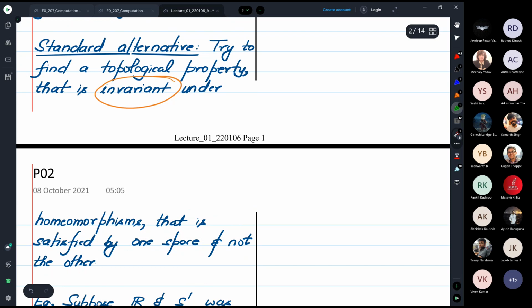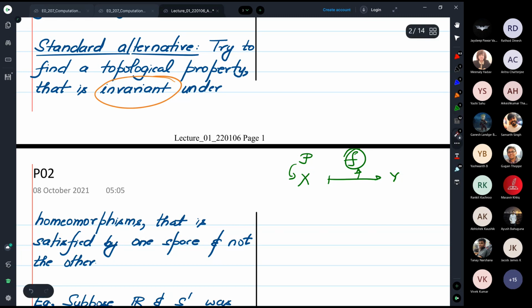So let me just explain what I mean. Let's say x and y were indeed homeomorphic, right? So we try to find the property P of this space which is retained under homeomorphism. That is, if you ask this property under image F, where F is the homeomorphism, would the same property hold for Y as well?